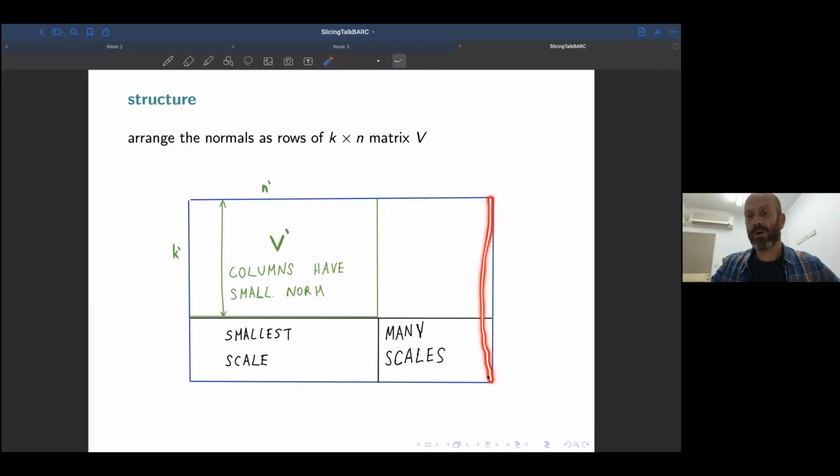Now there is another column of large norm. Let's assume for a second that there is another column of large norm, and another, and another. Then what happens? We collect in this part, in the large norm, a lot of mass. What does this mean? That one of the rows must have a lot of mass, close to 1.